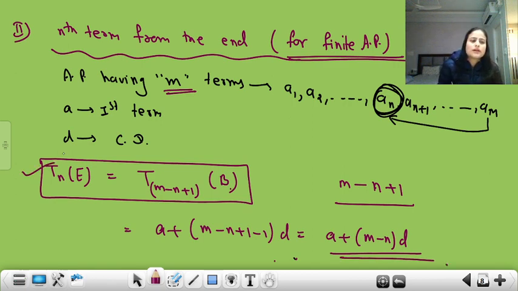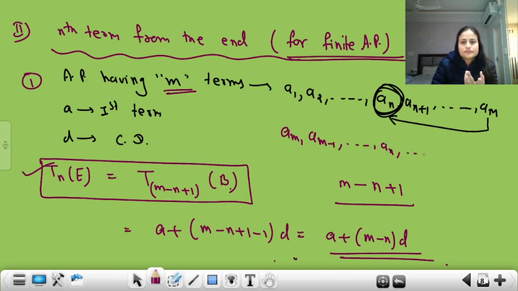Okay, but there is one more trick to get it. Do one thing. This is my AP and I need to get the nth term from the end, so just reverse the AP, right? That means take am, am minus 1, keep going like that, an, keep going like that, a2, a1.